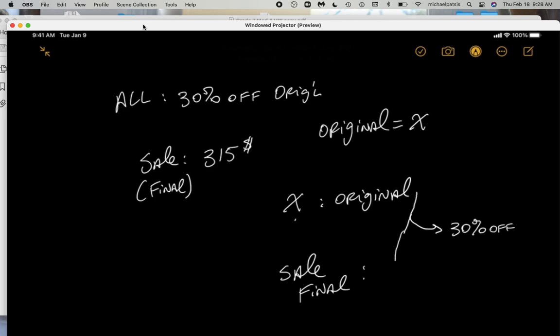So by the time we get down to the sale price, what do we have? We have 70% of the original. So this is what we're going to work with.